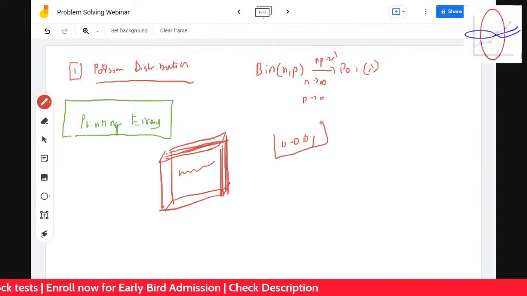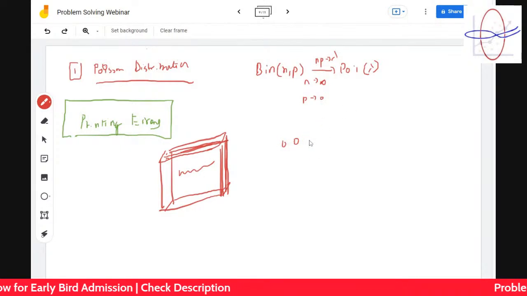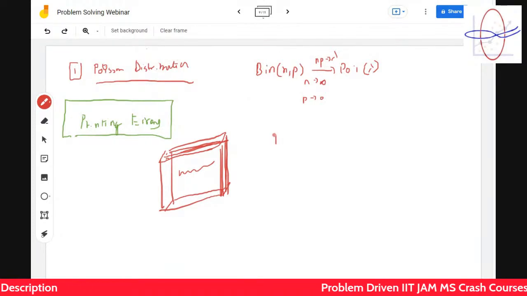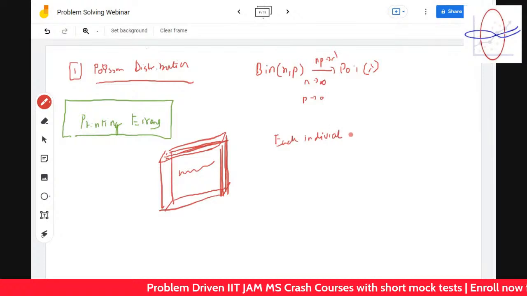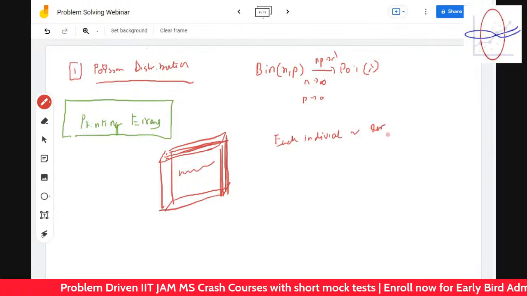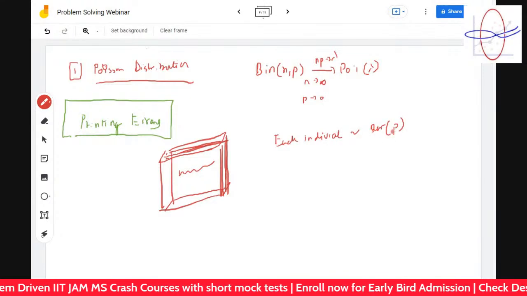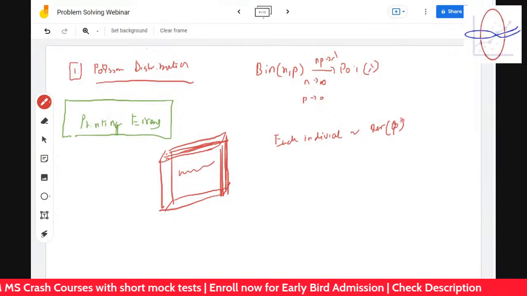Each individual word follows Bernoulli(p), where p is the probability of error, 0.001.